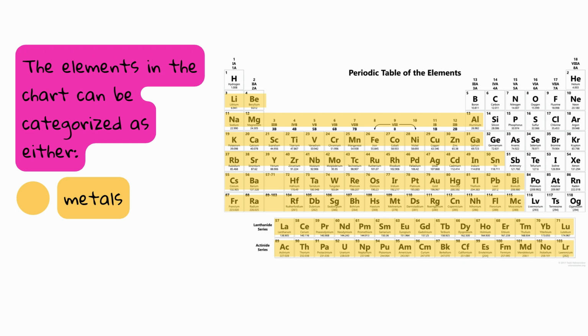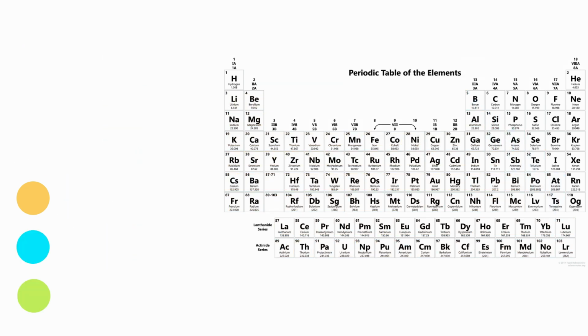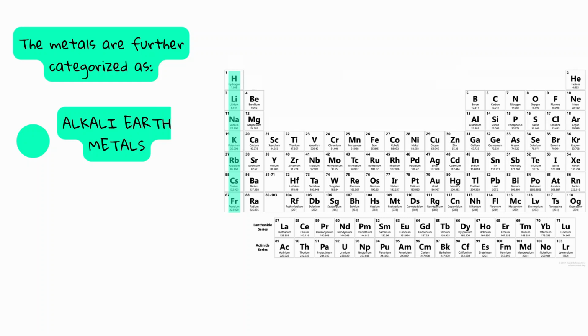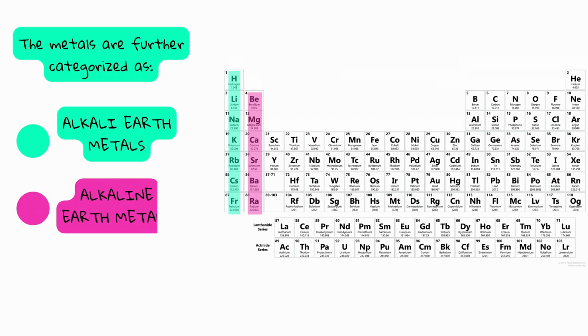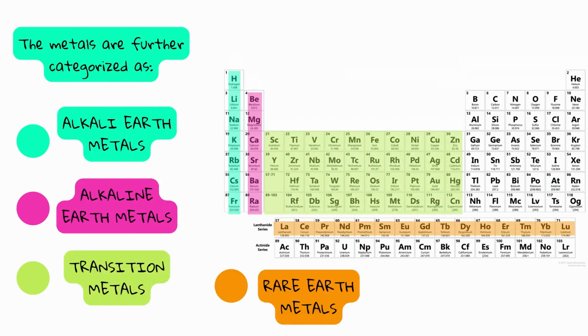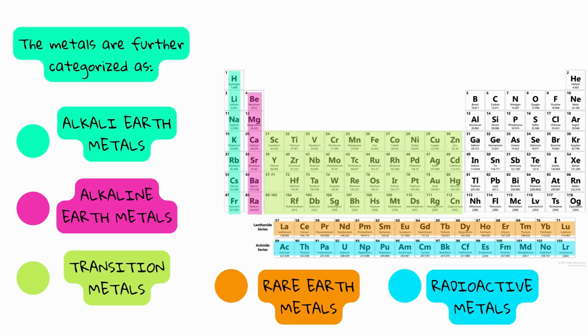The elements in the chart can be categorized as either metals, metalloids, or nonmetals. The metals are further categorized as alkali metals, alkaline earth metals, transition metals, rare earth metals, and radioactive metals.